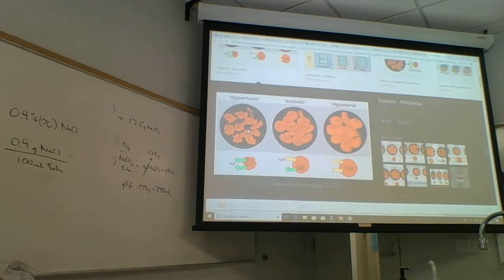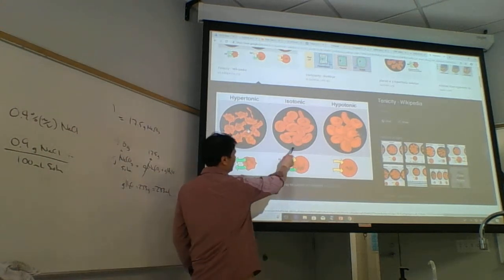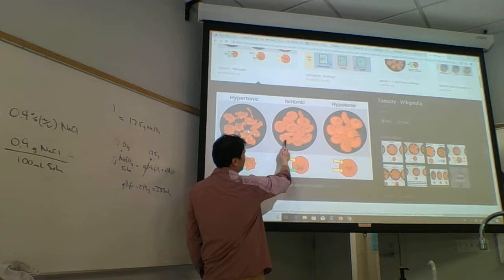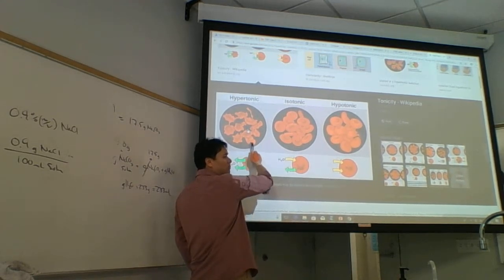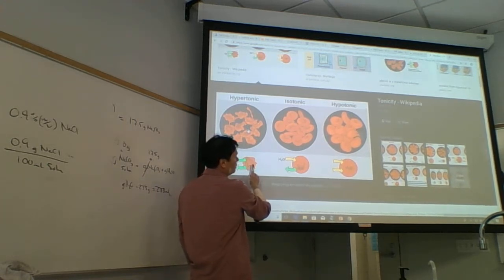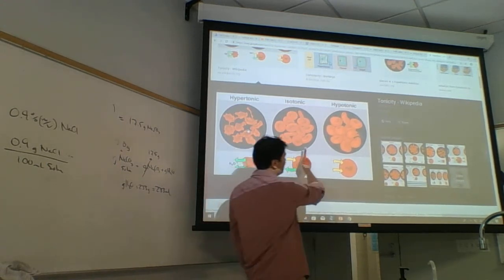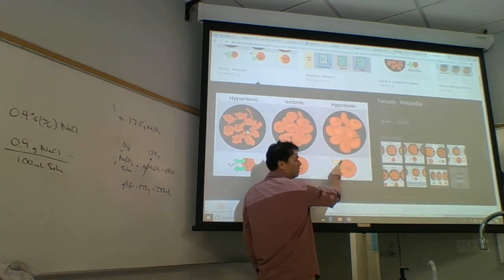The reason it's 0.9% is you want to maintain your red blood cells like this. This is isotonic. If you put anything higher than 0.9%, then you're going to pickle your cells. Pickling your cells is called crenation. And if you put something less than 0.9%, then your cells start to fill up with water, and then they can burst.